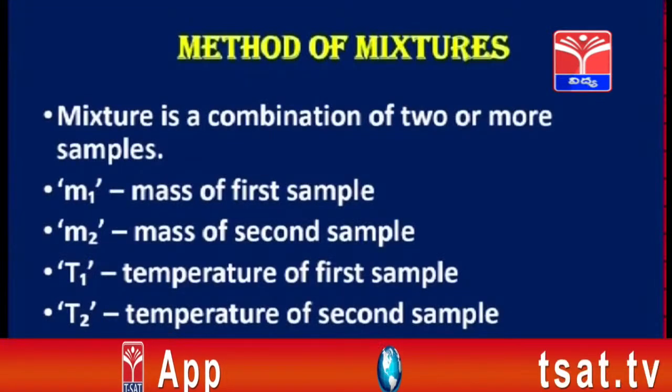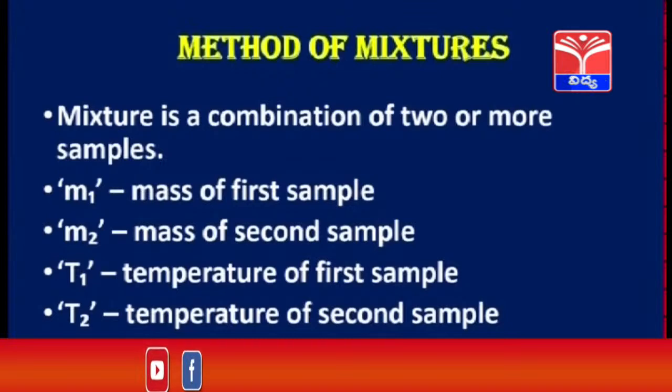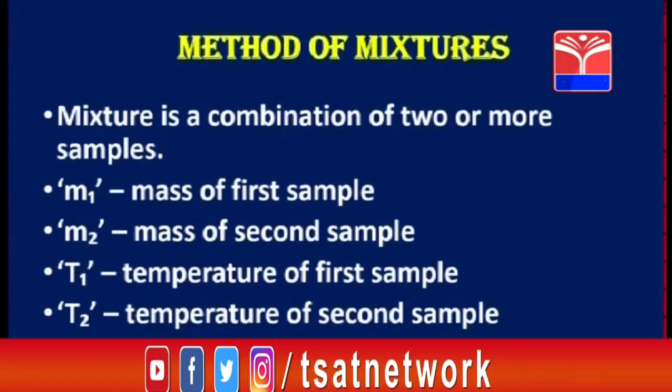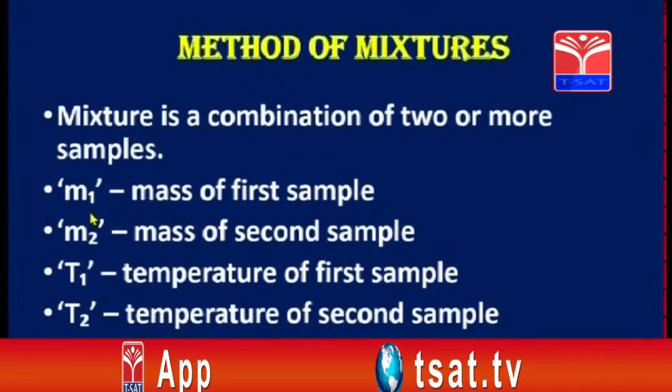Next, children, we are going to learn about the method of mixtures. As I told you in the introduction, a mixture is a combination of two or more samples of the same substance but at different temperatures. So, here we are considering two samples of the same substance with different masses and different temperatures.